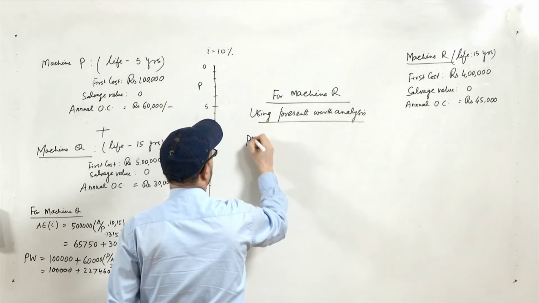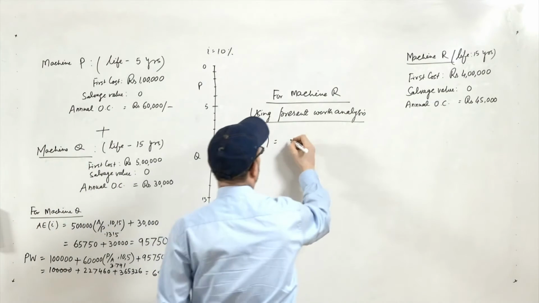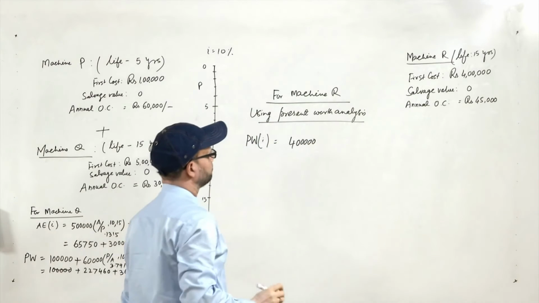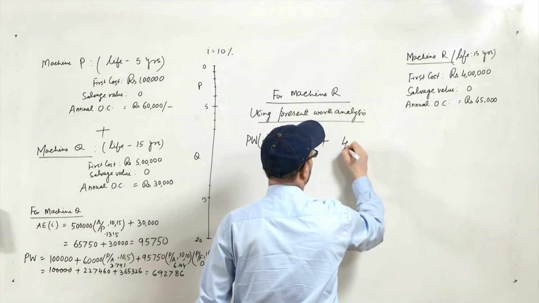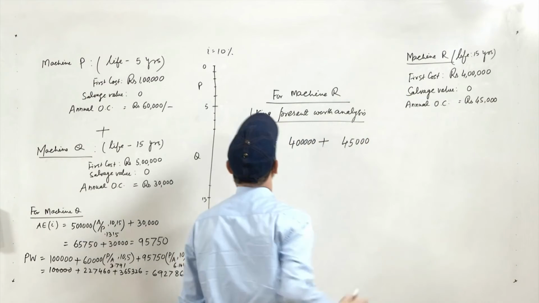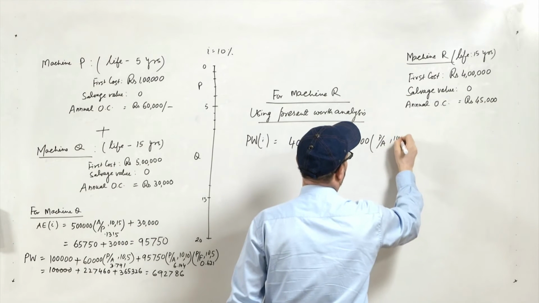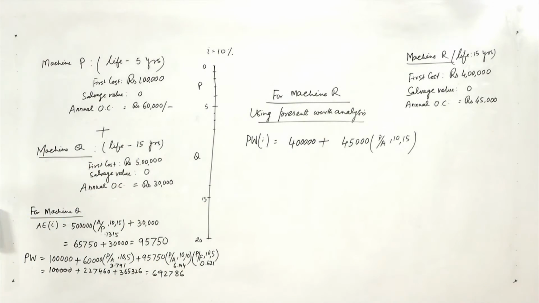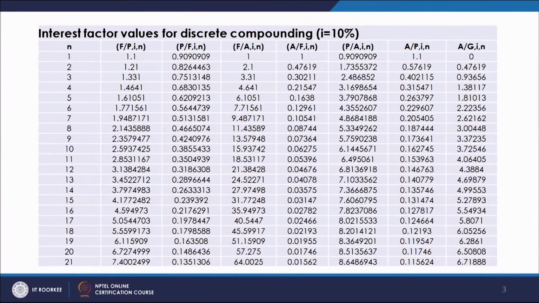The present worth will be, you have the cost 4 lakh plus you have annual operating cost of 45,000 used for 15 years. So, P by A 10, 15. If we take the value of P by A 10, 15, it is 7.606.